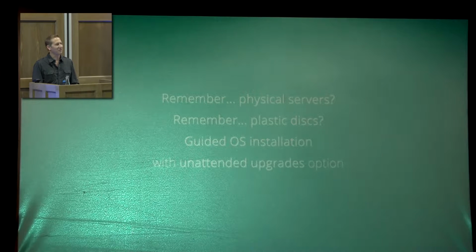Nowadays I figure most people are much more familiar with spawning an instance, a VPS, in a matter of 10 seconds. But if you do remember what it's like to work with physical servers, you used to have a plastic spinning disk that you would put inside it, and you would have this guided OS installation. And one of the options in that menu is unattended upgrades. Do you want them?